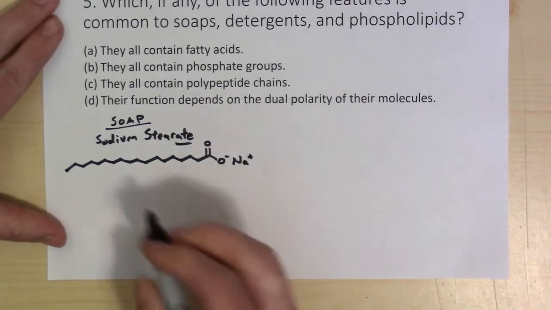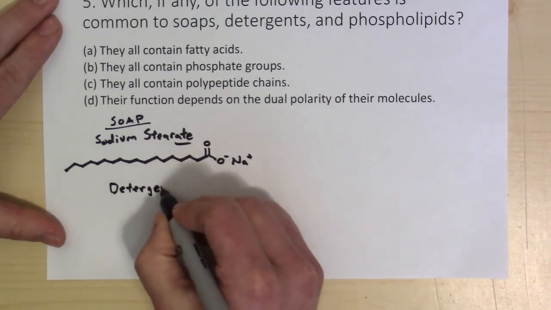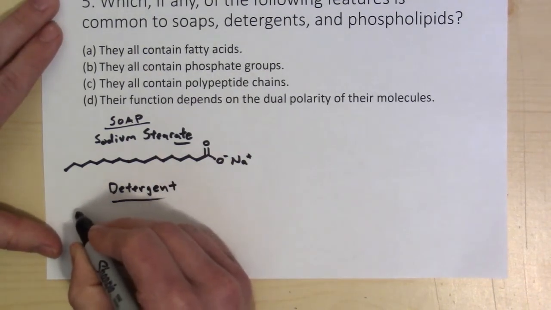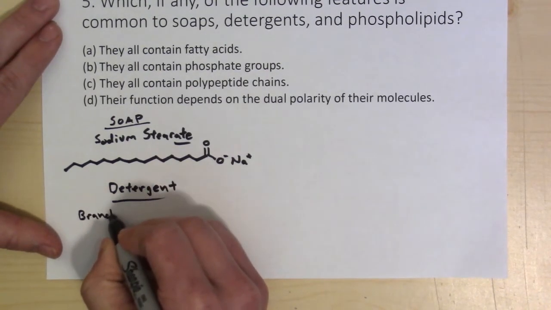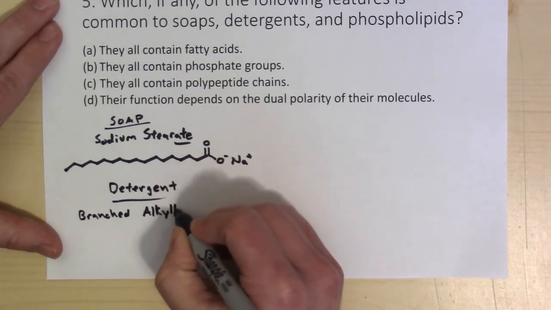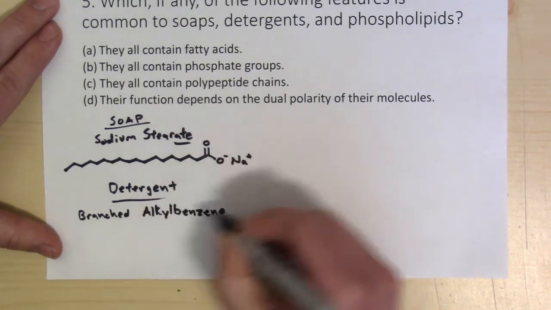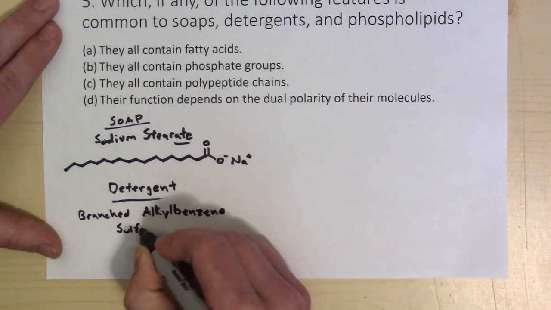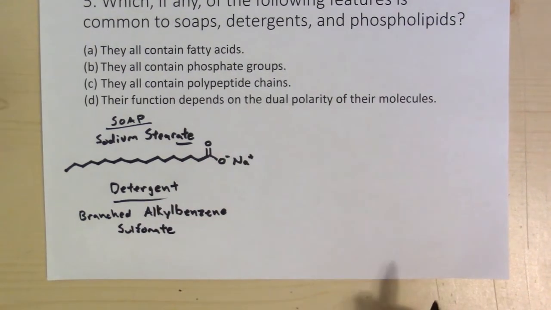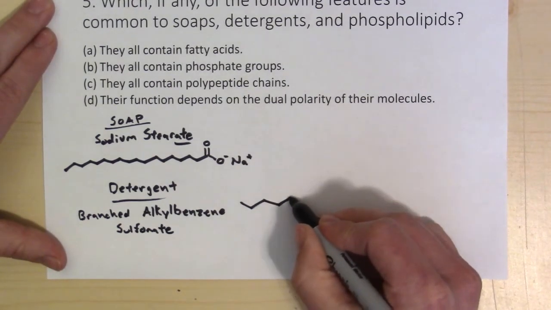So if we look at something that would be a detergent, things called branched alkyl benzene sulfonate. So I'll describe what each of those things are relative to the molecule that I'm drawing here.